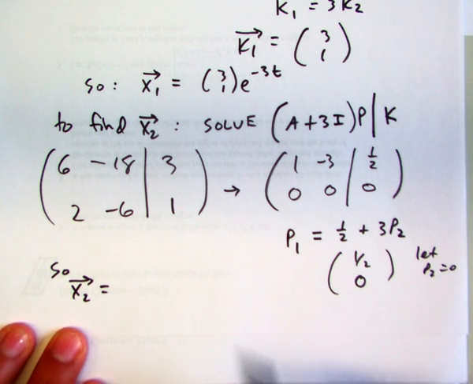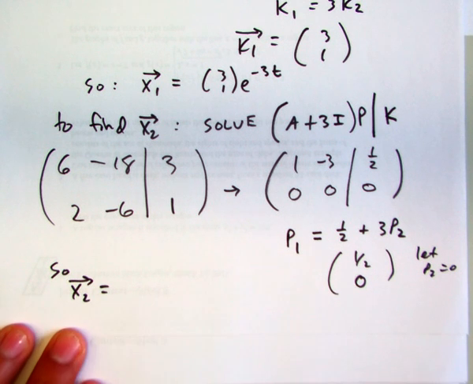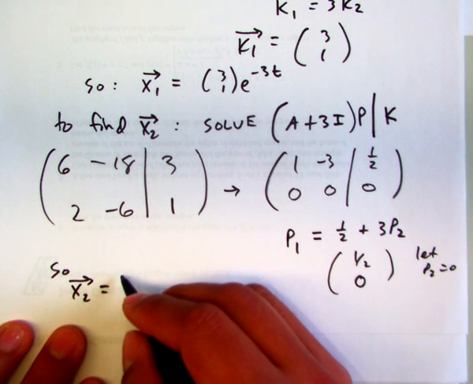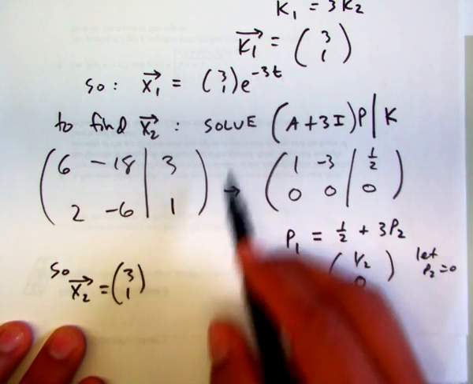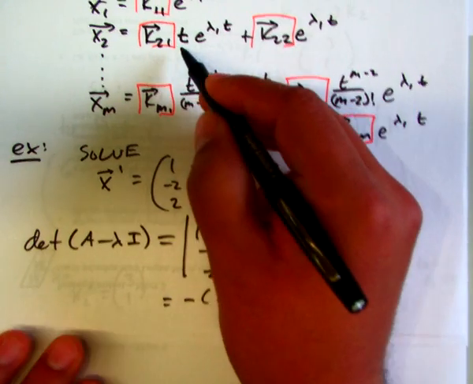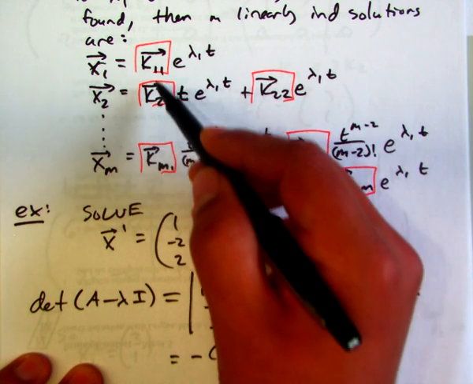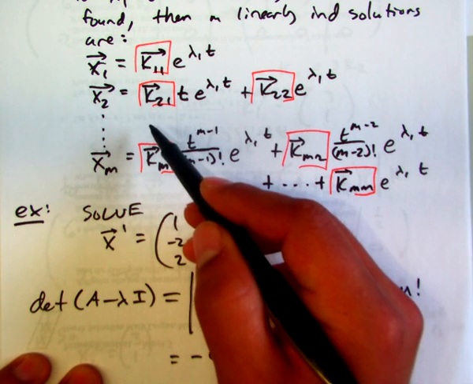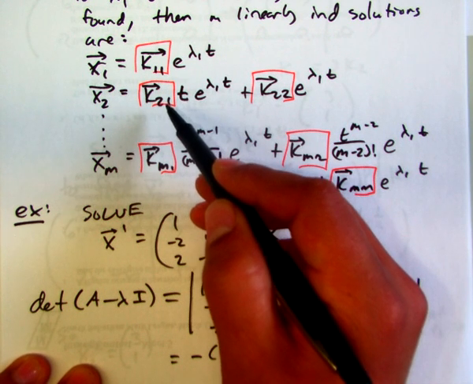C2, well, we won't put the constants in yet. We're going to have 3, 1, which is the same eigenvector from before, but now we throw in this extra t, okay? So if you were to work all the way down to 3 solutions or 4, this first eigenvector, even though I'm changing the notation, is actually the same eigenvector that we obtained before, okay?